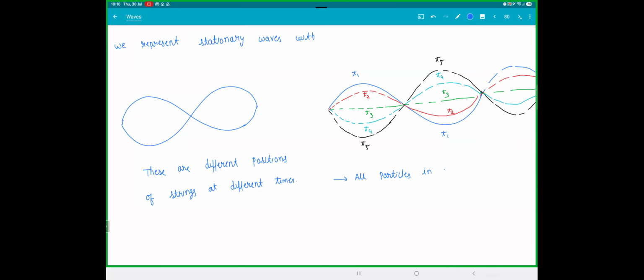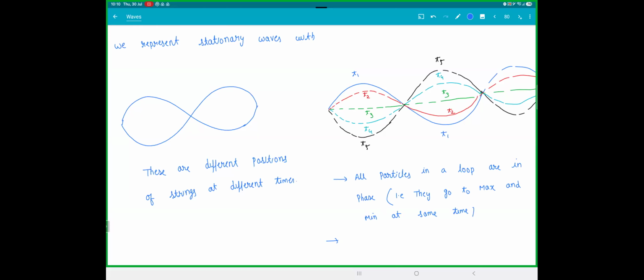All particles in a loop are in phase, meaning they go to maximum and they come to minimum at the same time. See, your maximum value and my maximum value need not be the same, but you go to your maximum and I'll go to my maximum at the same time. They are called in phase.